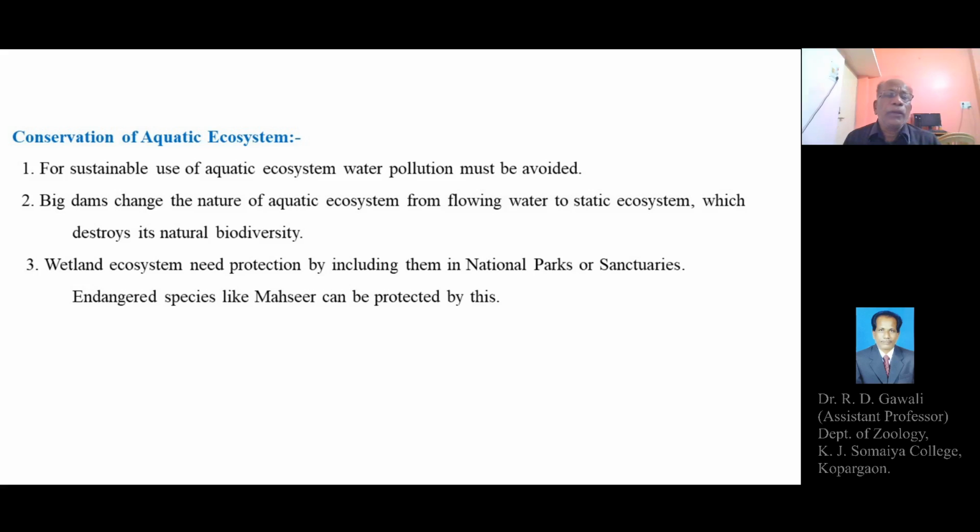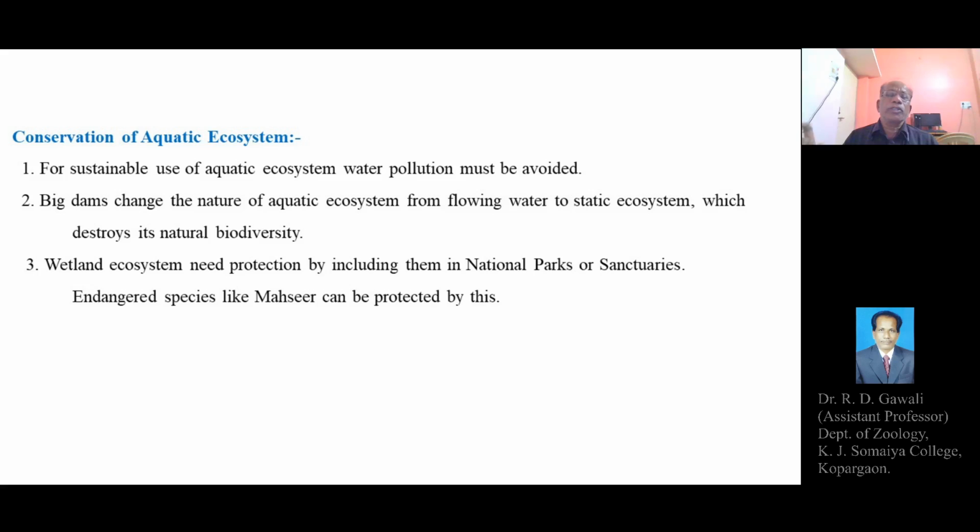Then thirdly, wetland ecosystems need protection by including them in either national parks or sanctuaries.